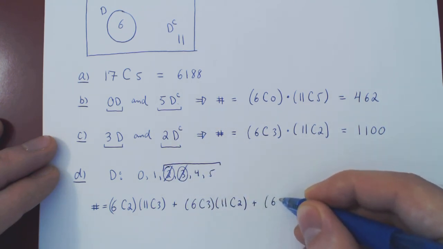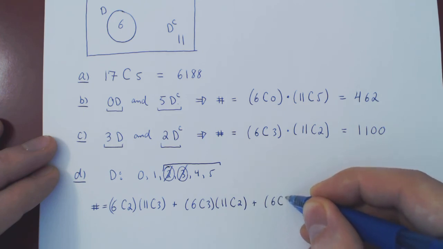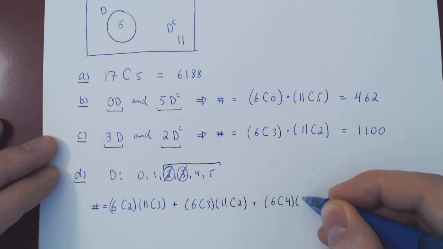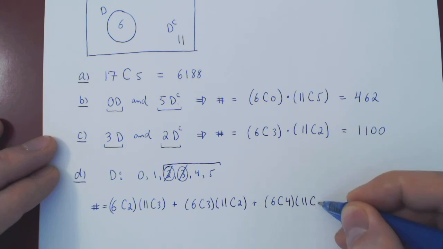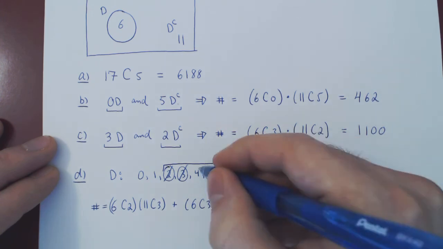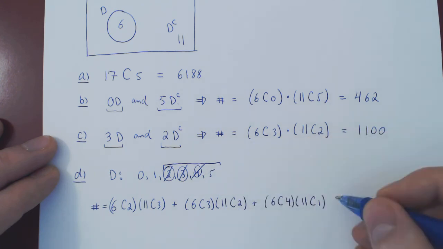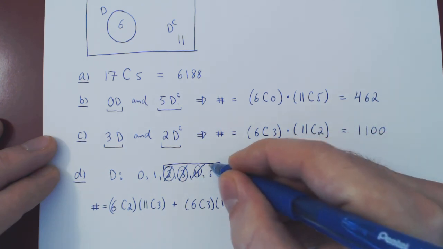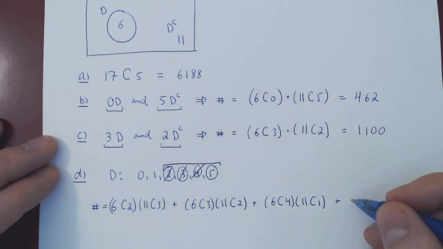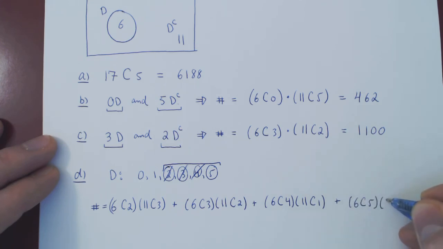So out of the 6 defective ones, we choose 4, and therefore out of the 11 non-defective, we choose the remaining 1. Or, finally, there could be exactly 5 defective watches. So out of the 6 defective watches, we choose 5, and out of the 11, we choose none, as we already have selected our 5 watches.